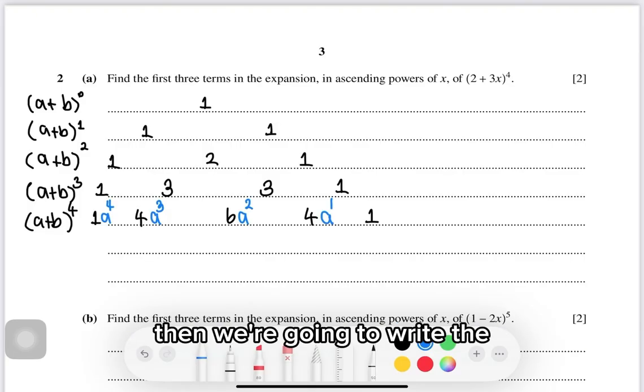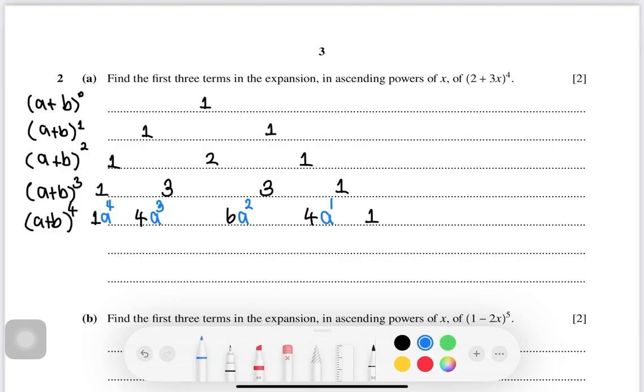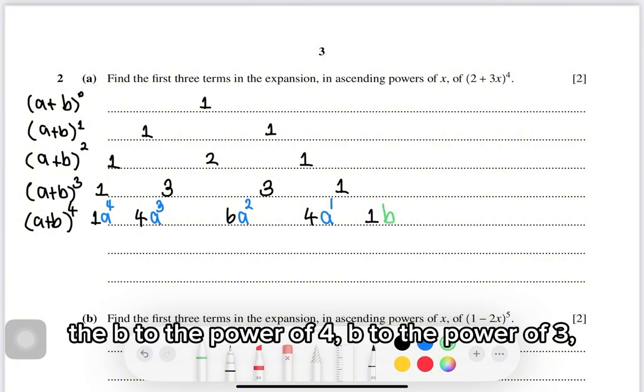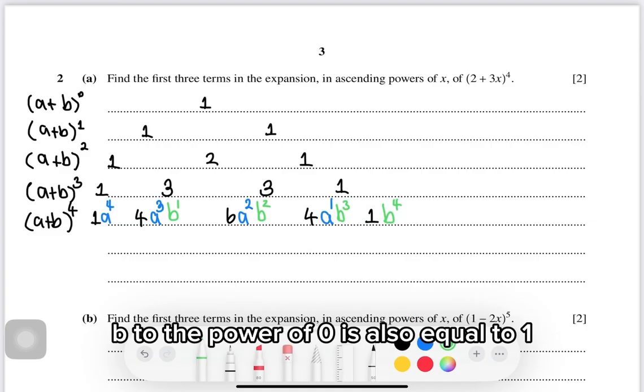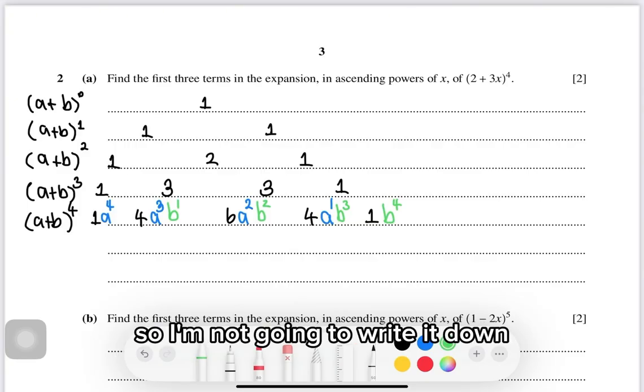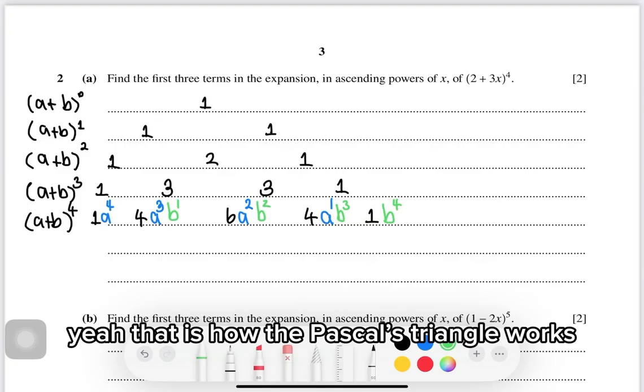Then we're going to write b to the power of 4, b to the power of 3, b to the power of 2, and b to the power of 1. And b to the power of 0 is also equal to 1, so I'm not going to write it down. That is how Pascal's triangle works.